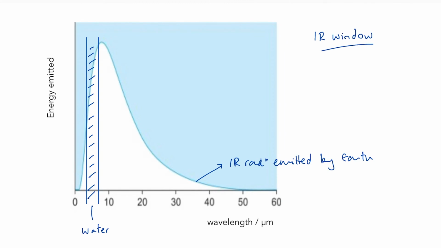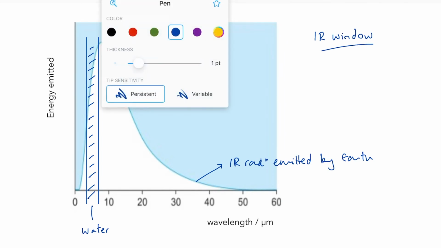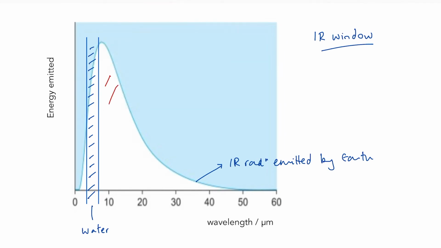Now there's a lot of water in the atmosphere, but all of this radiation emitted by the Earth is not absorbed by water, and it would escape to space. Now, in an ideal world, our atmosphere would not be warming because the amount of radiation absorbed by it pretty much balances out the amount of radiation that's emitted out to Earth.